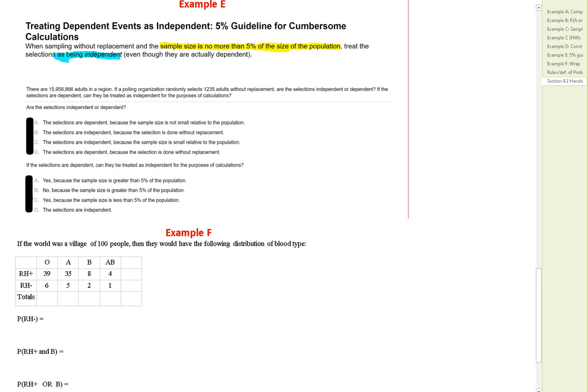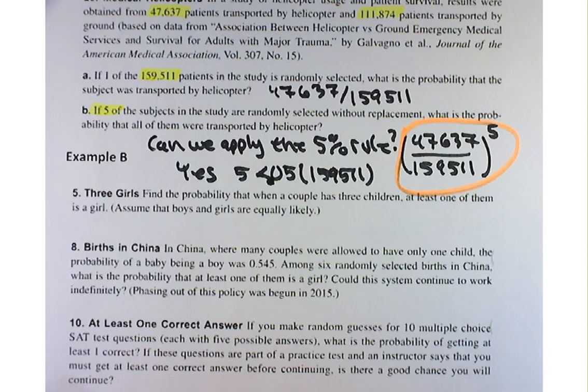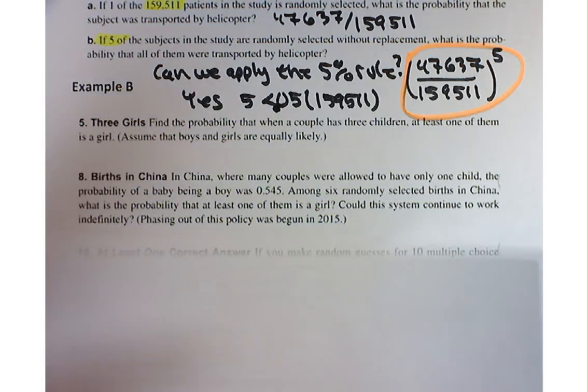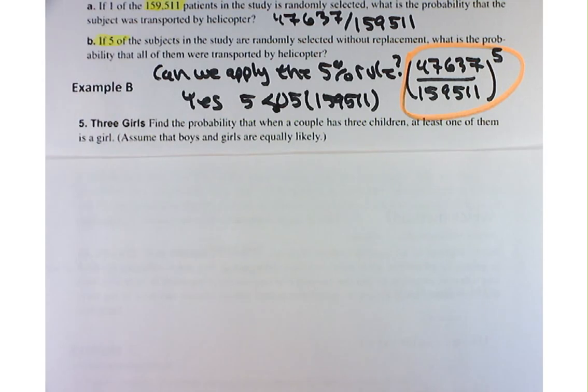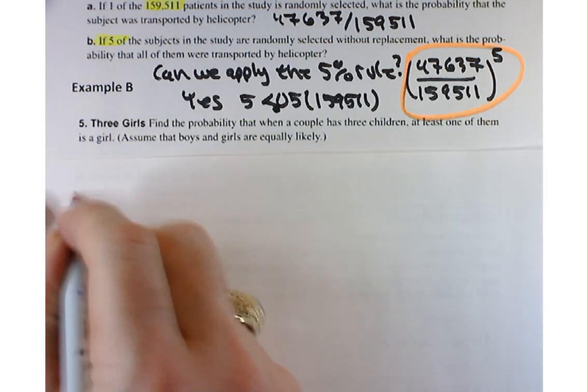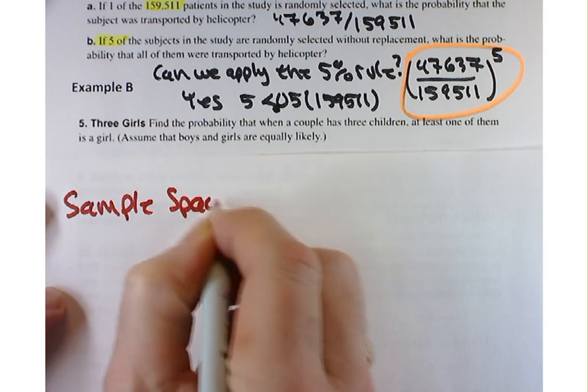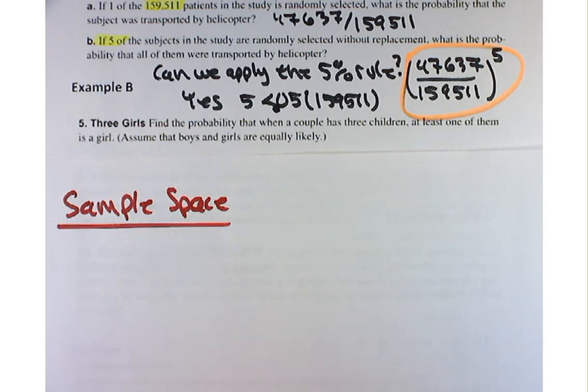Okay, let's continue. There's a lot in this section. So I want to move on to example B down here. And it talks about some probabilities with 3 girls. So let me first give you the sample space for 3 newborns.